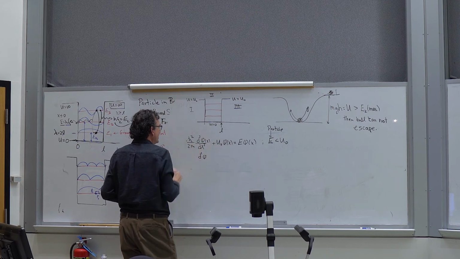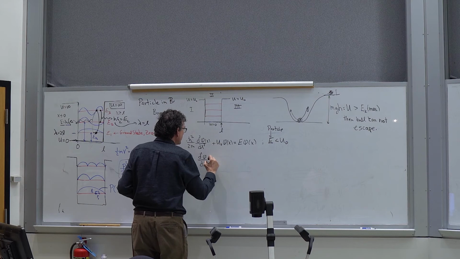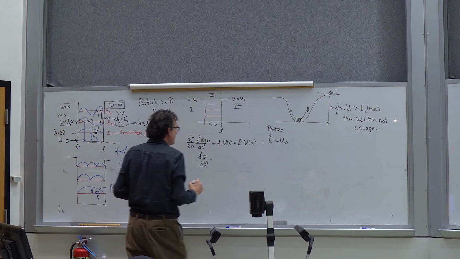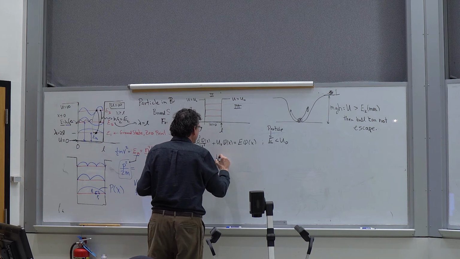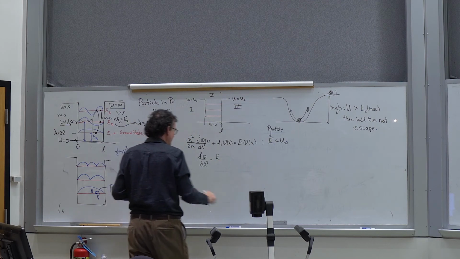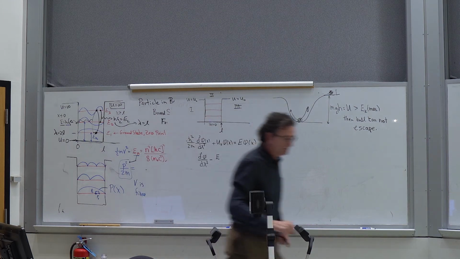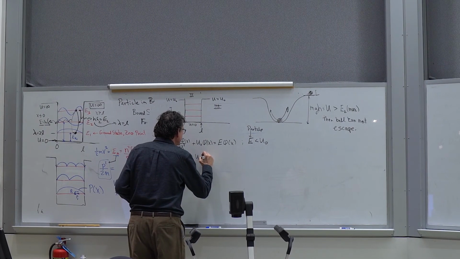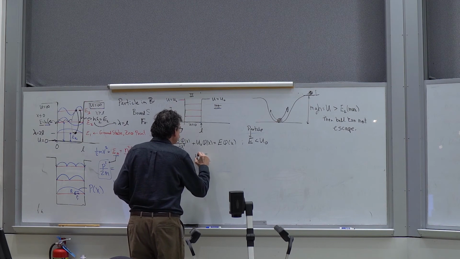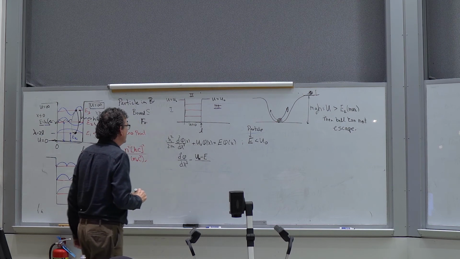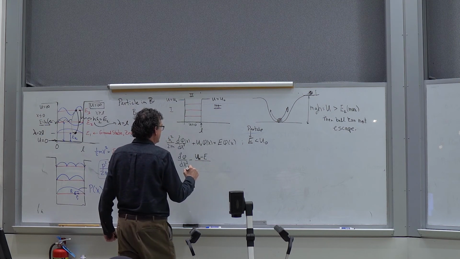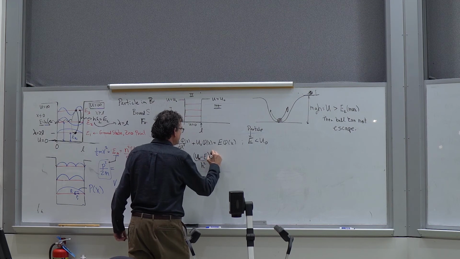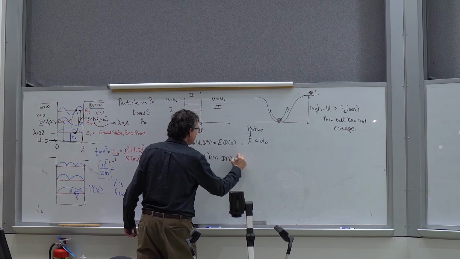We'll multiply by minus 2m over h bar squared, and we'll get d squared phi by dx squared is going to be equal to minus (U0 minus E) divided by h bar squared, and this gets multiplied by 2m and times phi of x is equal to 0.